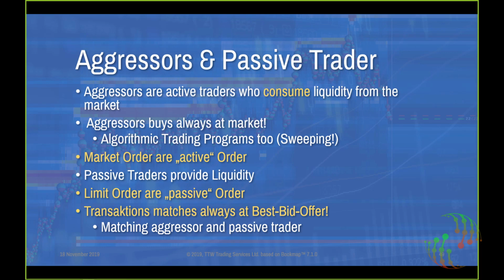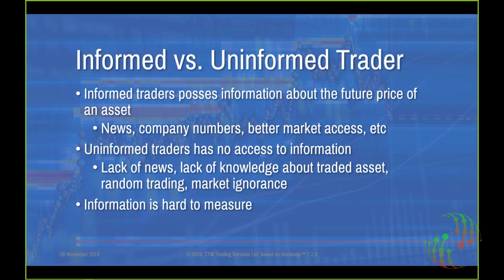Okay, aggressive and passive traders. One point I would like to discuss with you, and then show you, maybe you're also thinking about that, is the following. We are talking about uninformed and informed traders, and it's extremely important. You will hopefully understand on Friday why you are an uninformed trader.